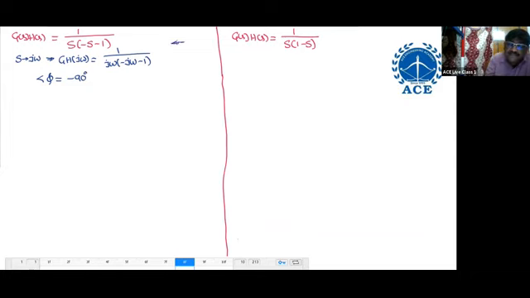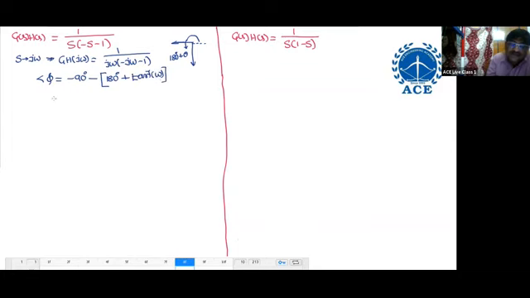Negative real, minus 1 means negative real. Minus j omega means negative imaginary. So negative real, negative imaginary. Then what is the angle here to here? 180, so more than 180 here. So angle is 180 plus theta. So that means minus 90 minus of 180 plus tan inverse of omega.